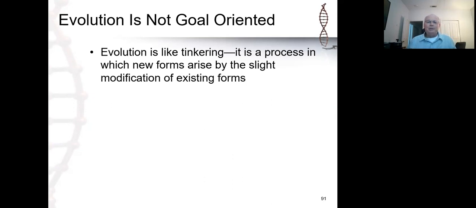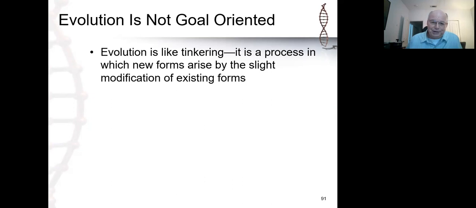And you might be tempted to say, well, there was a goal here, that the drive from that ancestor towards the extant species was what gave rise to the extant species. But nothing could be further from the truth. Evolution is not goal-driven or goal-oriented.